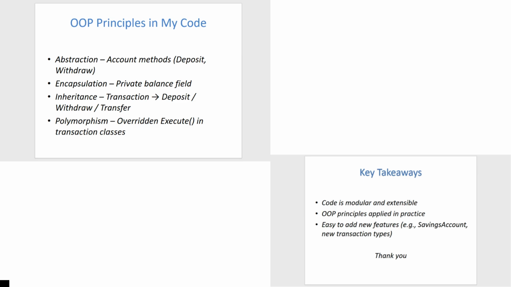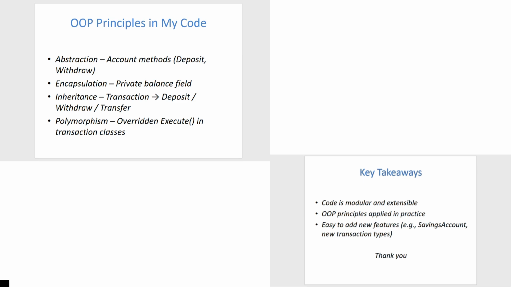And last, let's talk about the conclusion, or you can also say the key takeaways from this whole explanation. In my conclusion, my solution shows how OOP principles like abstraction, encapsulation, inheritance, and polymorphism work together to build a modular and flexible banking system.